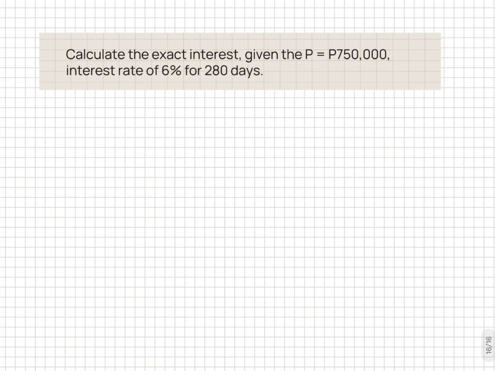The principal amount is equal to 750,000, and the interest rate is equal to 6%, so we would move it two decimal places to the left, and the days or the time is 280 days.